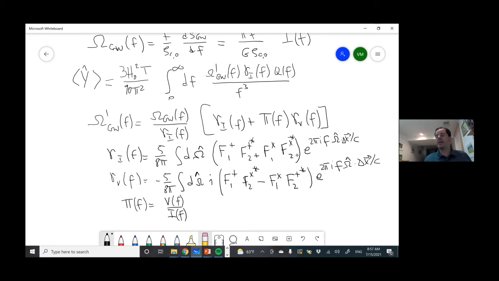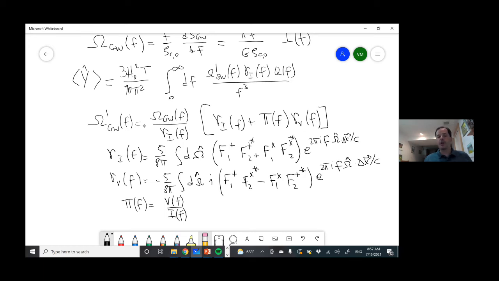That's exactly what we had in the unpolarized case. So this gamma I is exactly the same overlap reduction function that we've been dealing with until now. Gamma V is a different overlap reduction function. It has to do with the cross coupling of the two polarizations in the two detectors. So this gamma V shows up in the definition of omega prime.